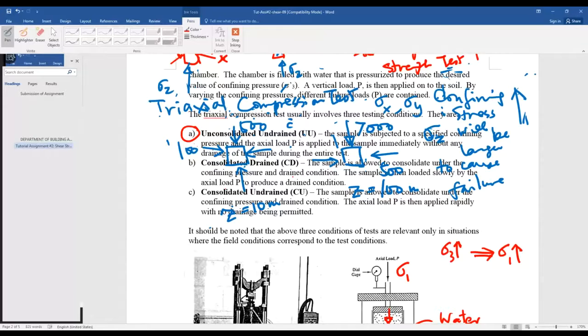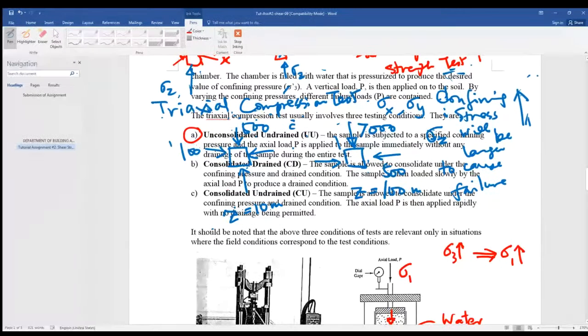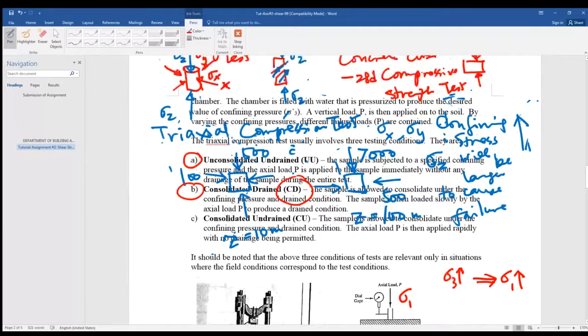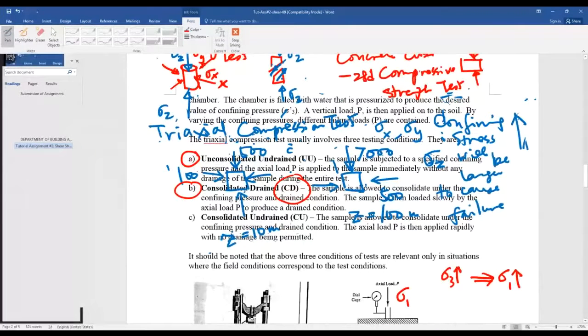Now, the best method is the consolidated drained test. What's that? When you apply a loading, sigma 1, to the soil specimen, you have to provide the drainage and time for the water to escape, to dissipate the water pressure from the soil specimen.